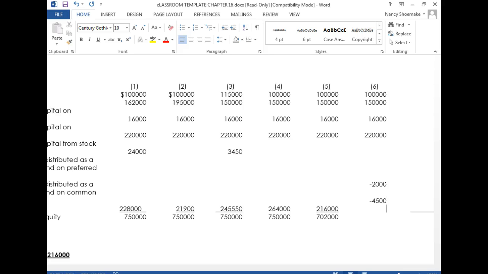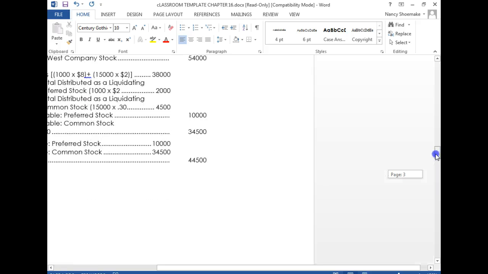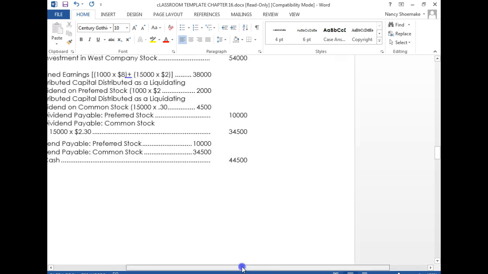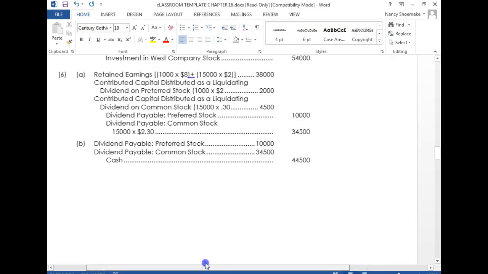And how did that affect our retained earnings? If we go up here, how did that affect our retained earnings up here? 38,000.